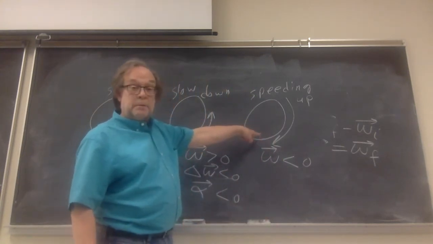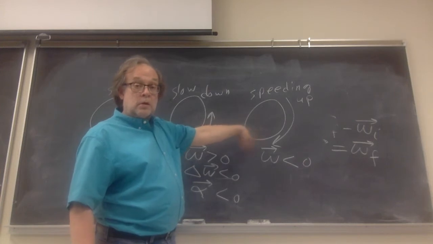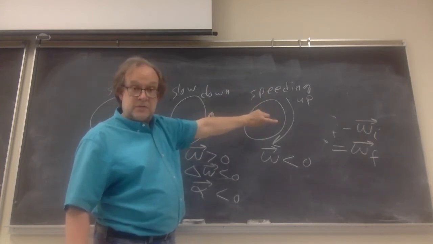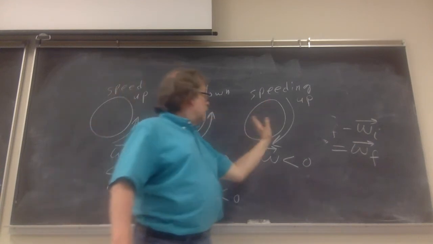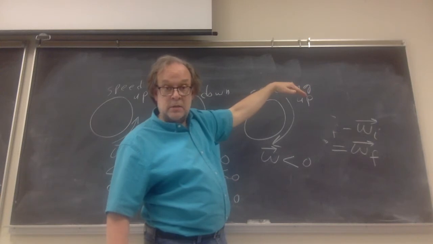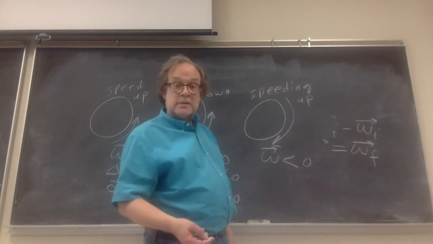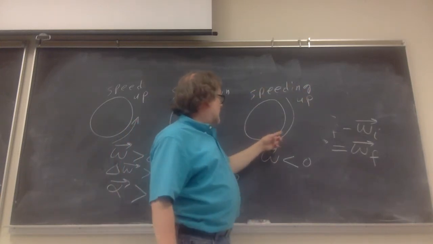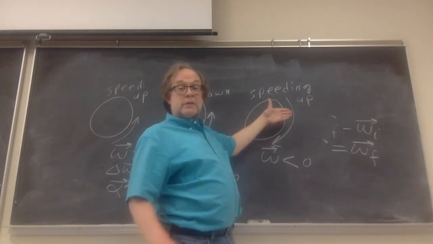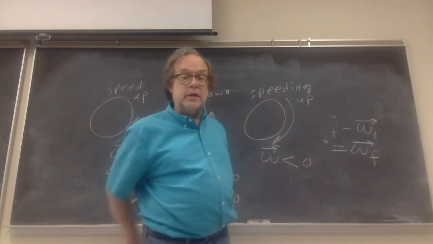But it's speeding up, which means going faster and faster in the negative sense, going through more radians of angle per second in the negative sense. So initially the angular velocity might have been, let's say, negative 1 radian per second.